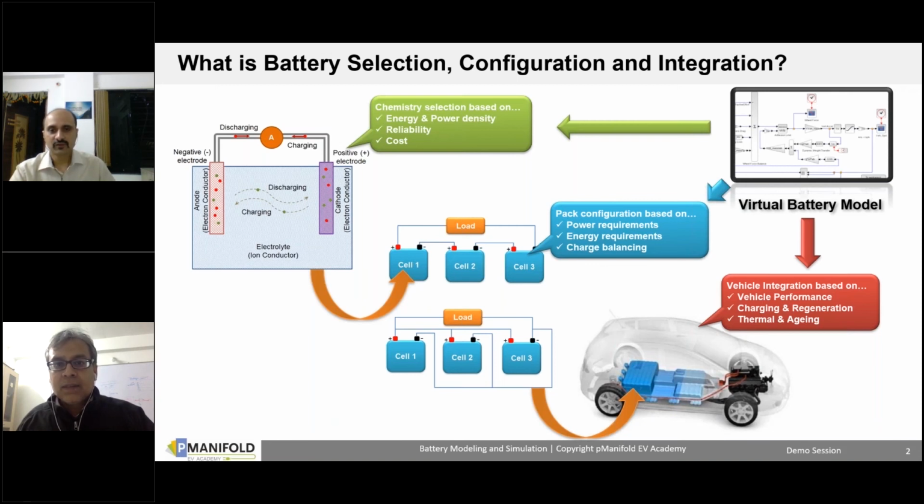Right. So the performance of the battery is affected by various parameters. It gets affected by the temperature it is running at. It gets affected by the ambient temperature. It gets affected by what kind of energy and power you are drawing from it, and for what duration, and so on.